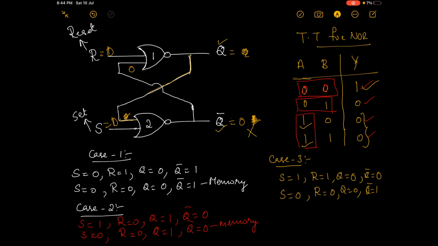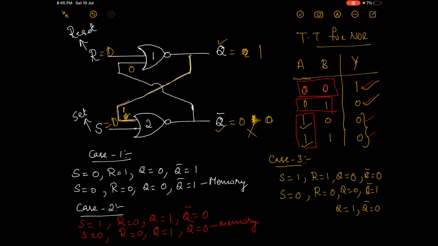So when you give 0 0 as the input to this first NOR gate, you will get Q value as 1, and this 1 will be given as the input to the second NOR gate, that is, you are giving 0 and 1 as the input to the second NOR gate. The output you get here is 0. So in this case you are getting Q is equal to 1 and Q bar is equal to 0.